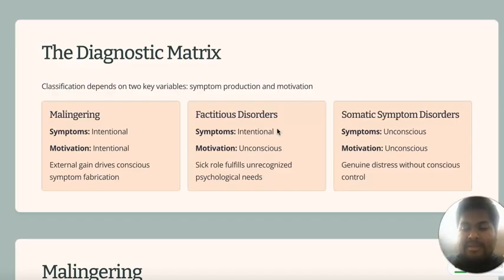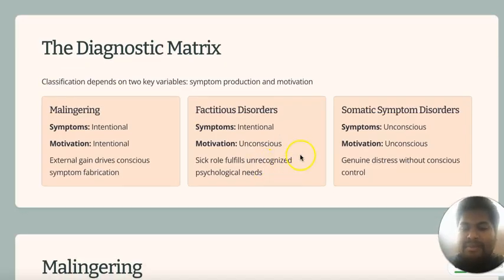But yes, they fake the symptoms, or try to create the symptoms. So here's the difference. These people do it not for external gain like money or legal or document purposes, but for fulfilling their deep psychological needs, to get sympathy from people.